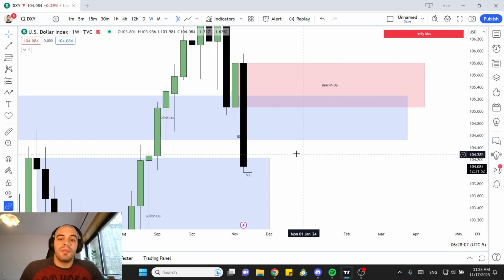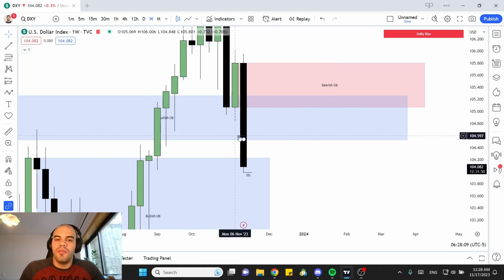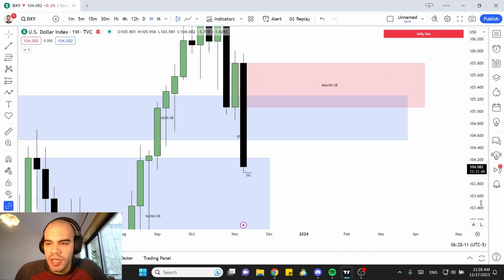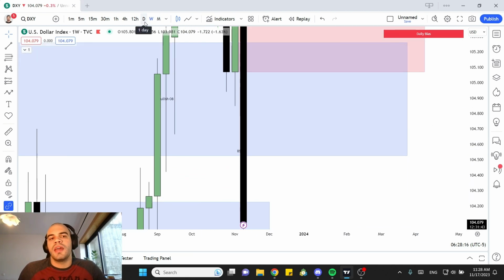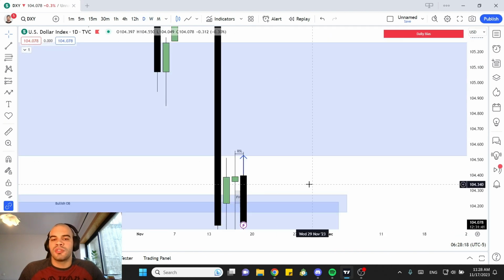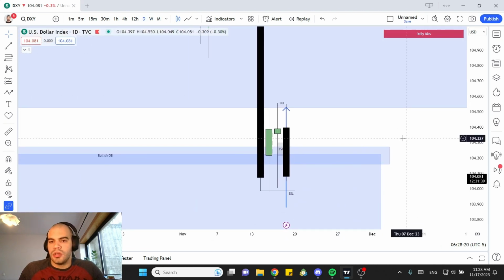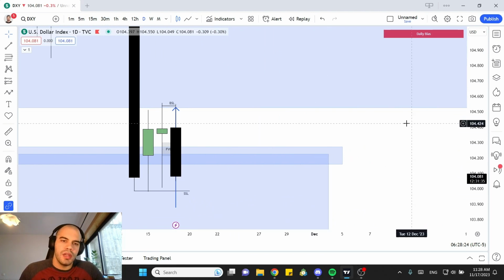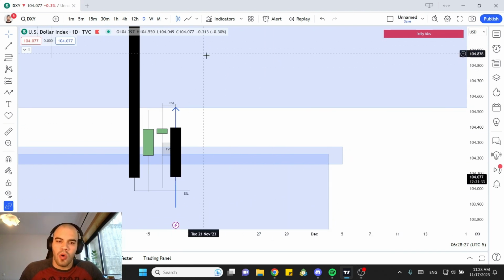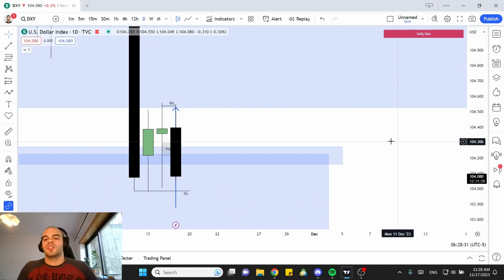If we close above that buy side liquidity, because as you can see, it's here, we are already inside of that bullish order block. So it will be sufficient for a weekly power three and a bullish continuation for next week. This is what I'm expecting on the DXY.